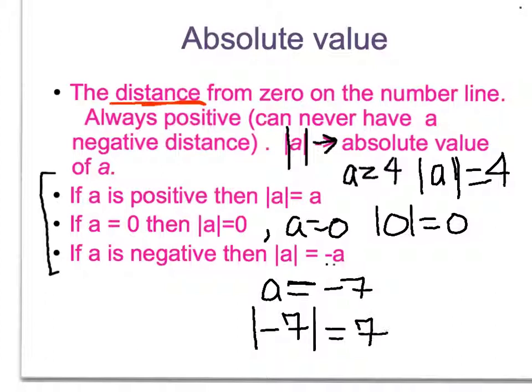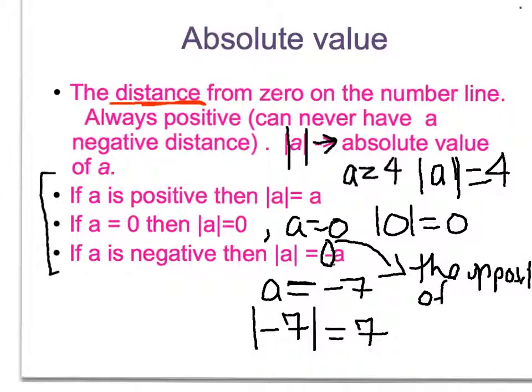That's positive 7. So what this negative sign means here kind of is the opposite of. So if A is negative 3, the opposite of A is positive 3. If A is negative 1.5, the opposite of negative 1.5 is positive 1.5.